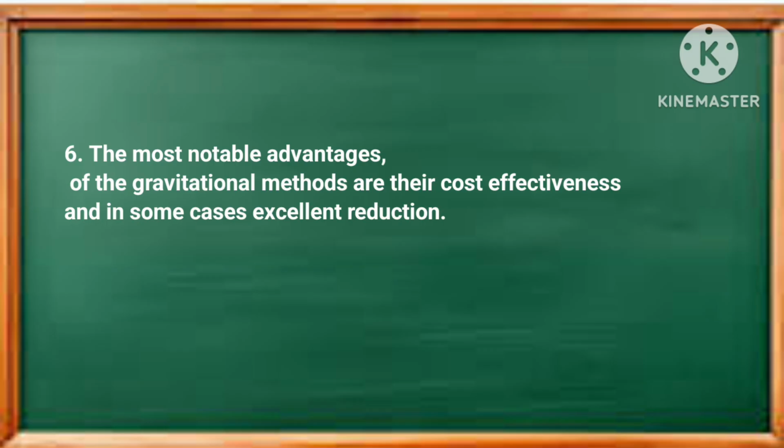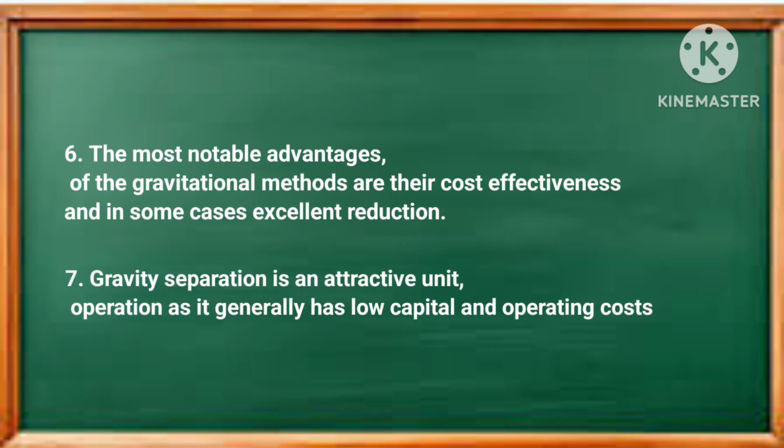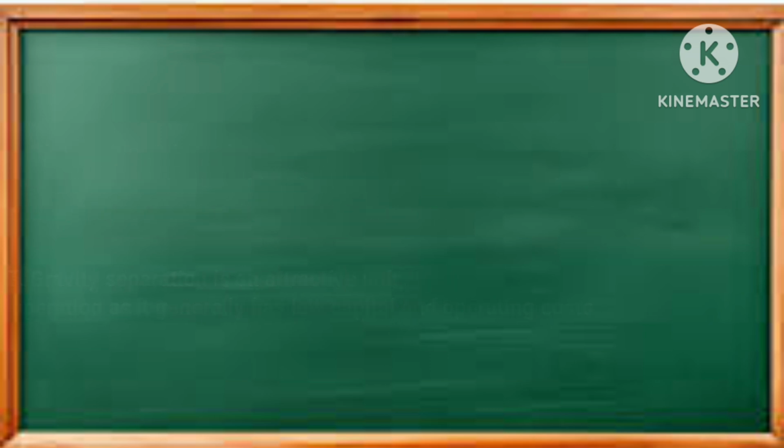So this is a very simple method, and not only simple, but very important. One of the advantages is that the cost of this method is very low. Gravity separation is an attractive unit operation, as it generally has a low capital cost, and the operating cost is also very low.